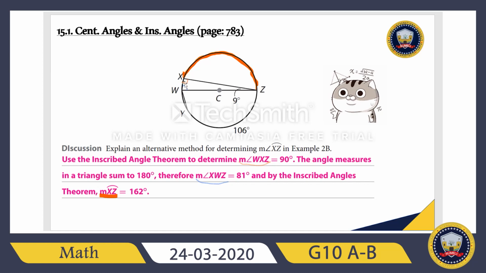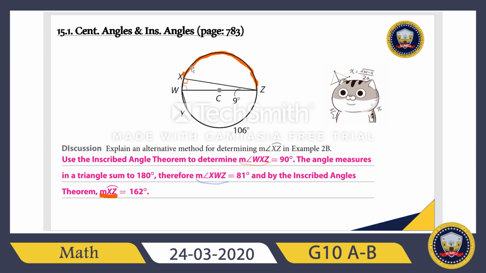Now this is 90 and the sum of this triangle's angles is 180. We know that. So this is 9, this is 90. So this should be what? 180 minus 9 minus 90, which is 81. So the angle here, XWZ, measures 81 degrees.